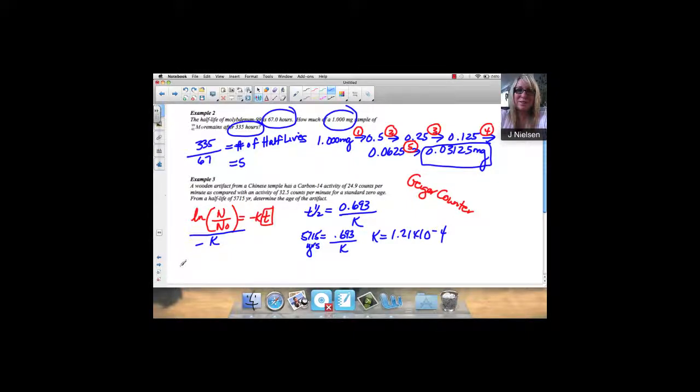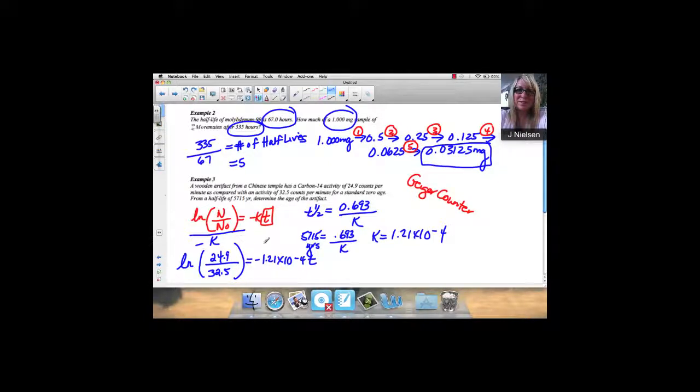So over here, we now have the ln of N, which is what we have now, 24.9, over N initial, which was 32.5, equals negative 1.21 times 10 to the minus 4 t.